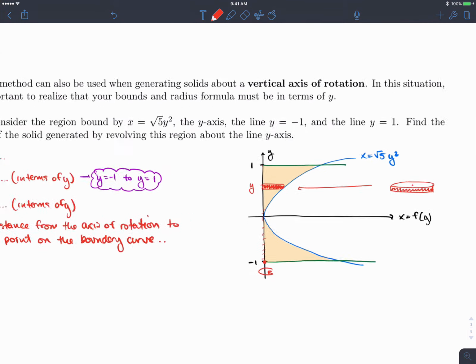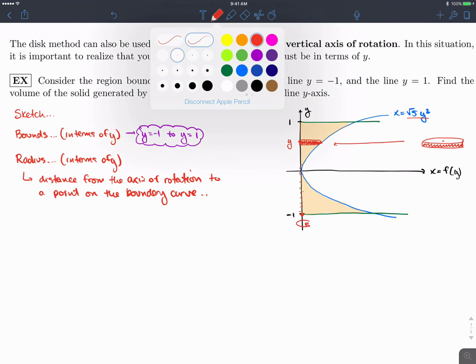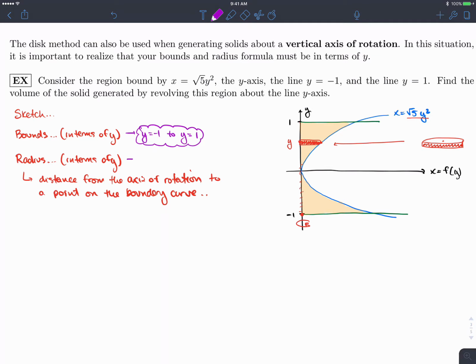So in this particular case, this distance from the axis of rotation to that point on the boundary curve is just that distance under the curve, or the square root of 5y squared. So once again, we have a pretty nice one. In these cases where the axis of rotation is literally just the x-axis or the y-axis, these tend to lend themselves to more simple radii for the disk method. So this is just going to be the square root of 5 times y squared.